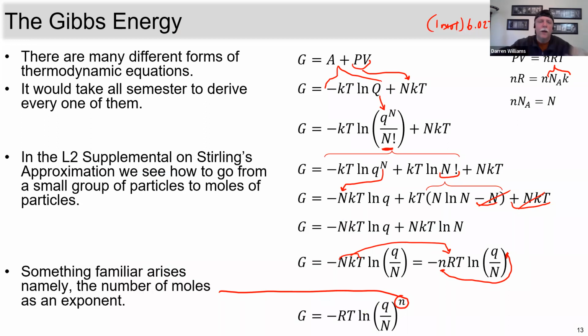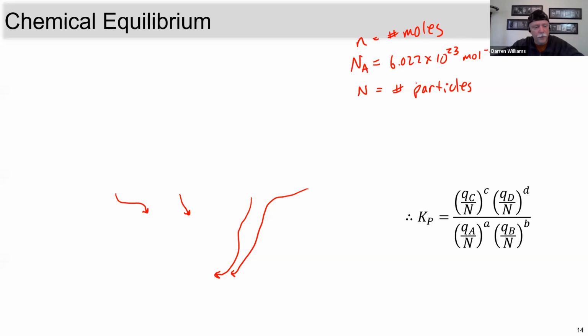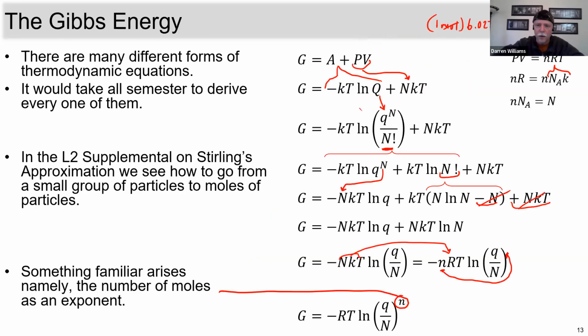Okay, so there's two things that this was meant to show, and one of them was, where did this go? Okay, this piece disappears, and to get rid of this piece, it disappears because of this, and this was Stirling's approximation.